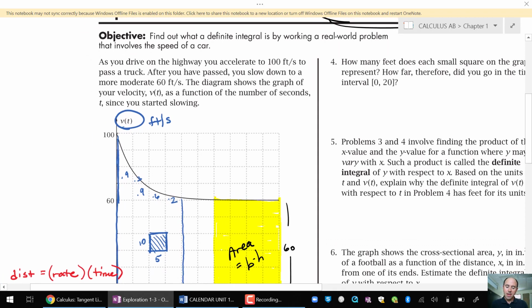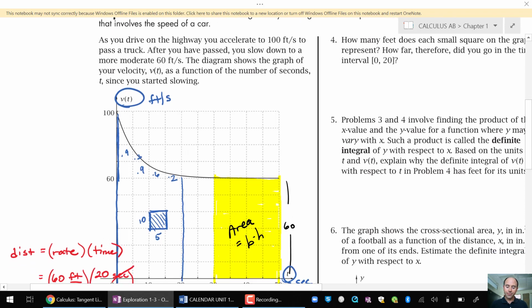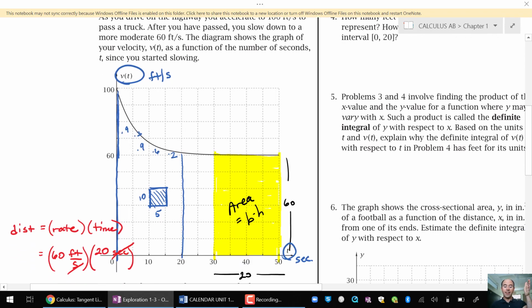And it says that the highway speed is 100 feet per second to pass a truck, but then after we pass that truck, the speed slows down to a more moderate 60 feet per second. And we see that here in the graph. So the vertical axis has the units of velocity, feet per second, and the horizontal axis is in time, seconds.